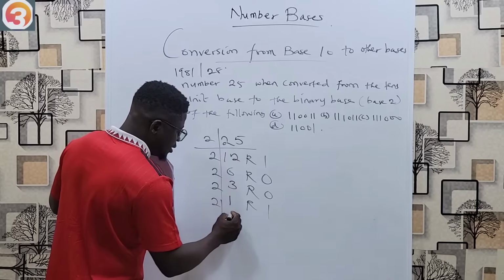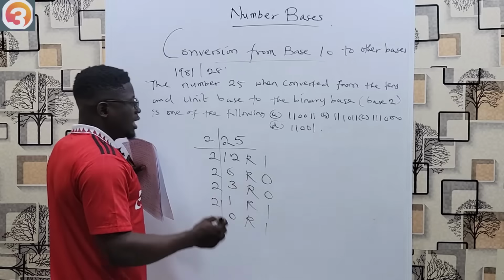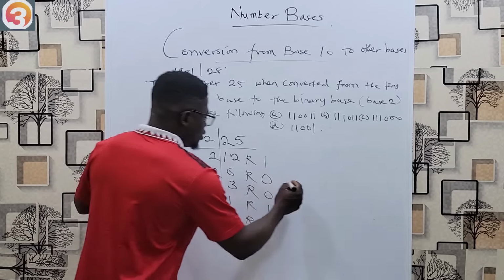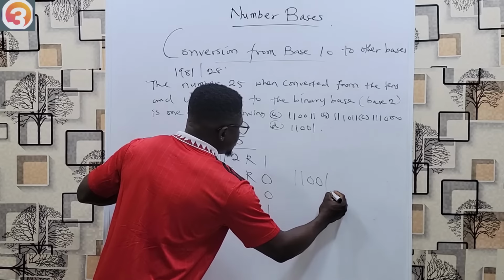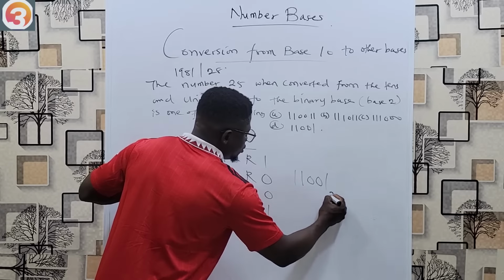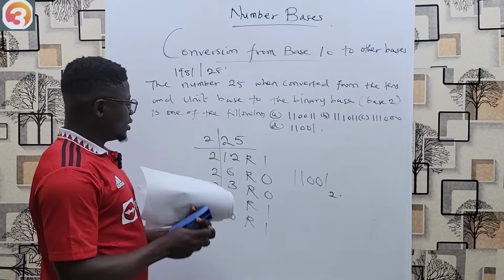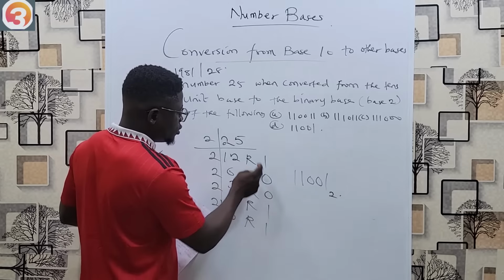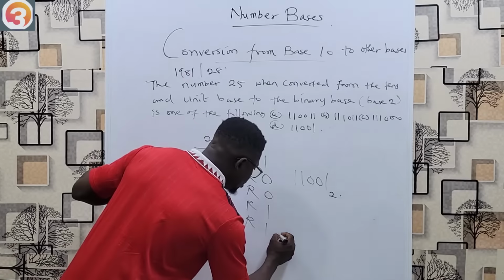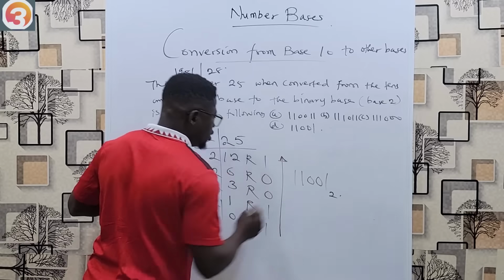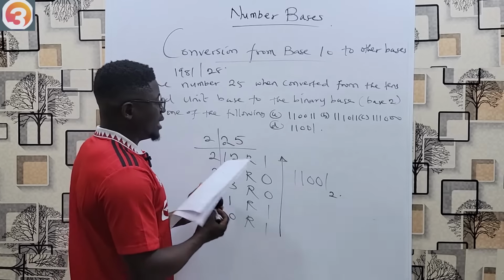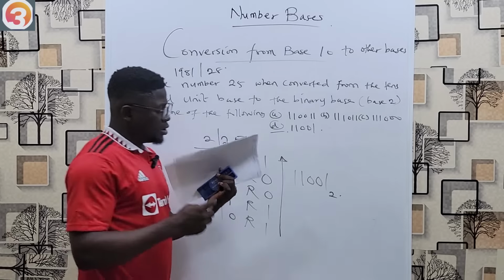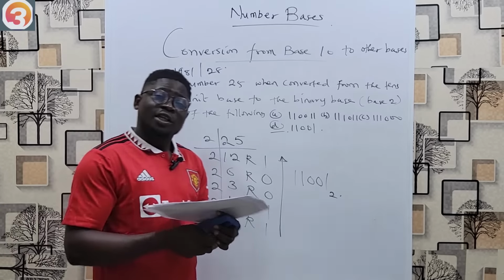And then 2 will go again, 0, remainder 1. So your 25 base 10 is 11001 base 2. We are taking the result from the bottom to the top: 11001. Which option corresponds to that? That is option D. So you have gotten your 2 marks and you are smiling.